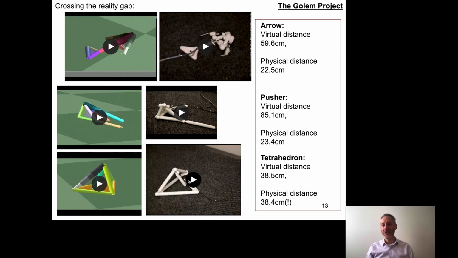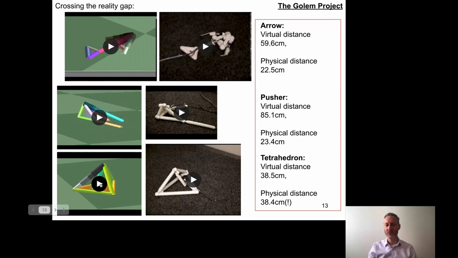Why did the tetrahedron succeed in crossing the reality gap and the arrow and the pusher failed? We spent a lot of time in this course now talking about robotics, actuation, physical simulation. Any ideas?